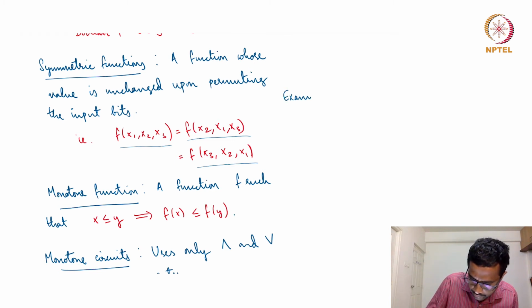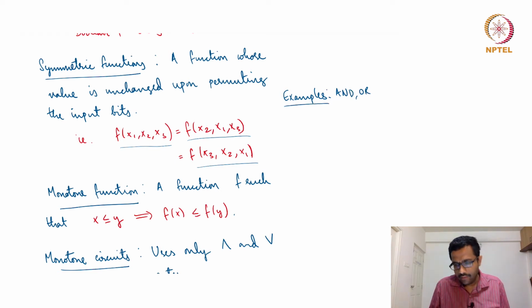So examples are AND, OR, etc. This is defined only for functions of multiple inputs. If you have a single bit input, this becomes not a very meaningful definition.